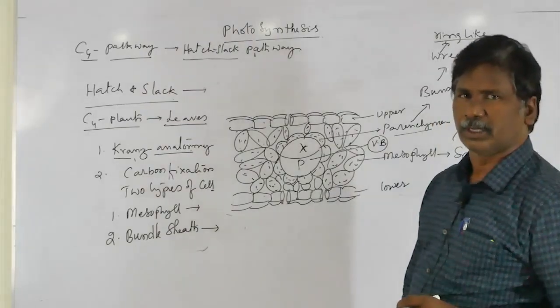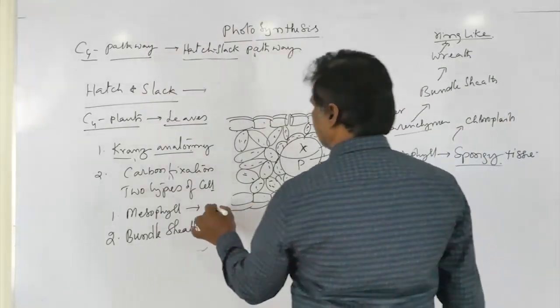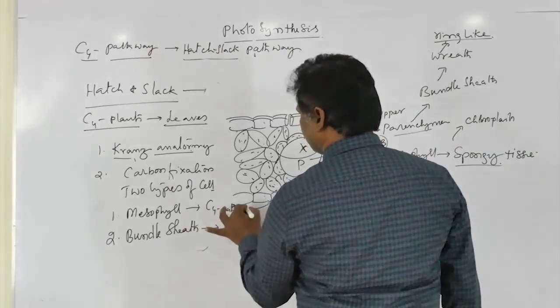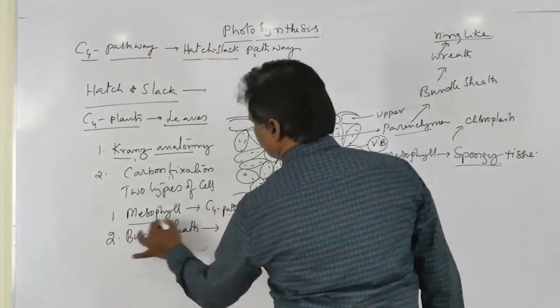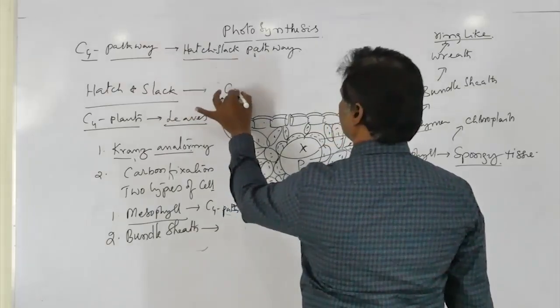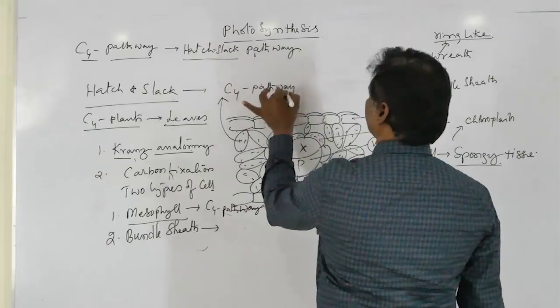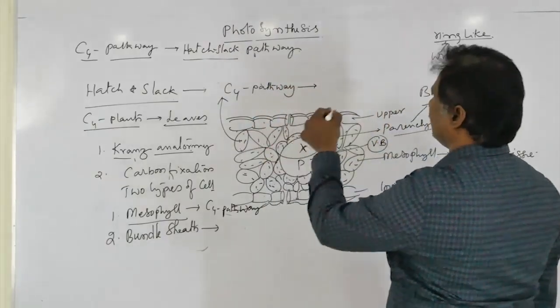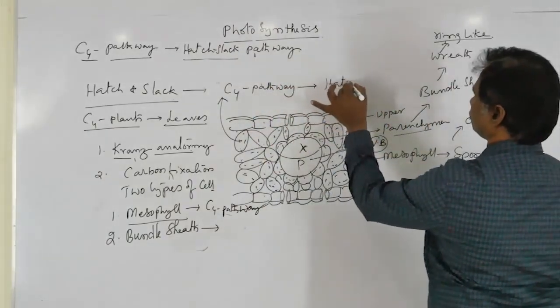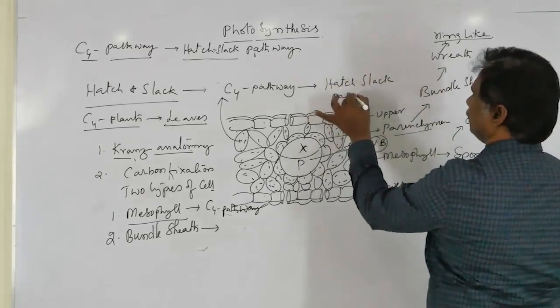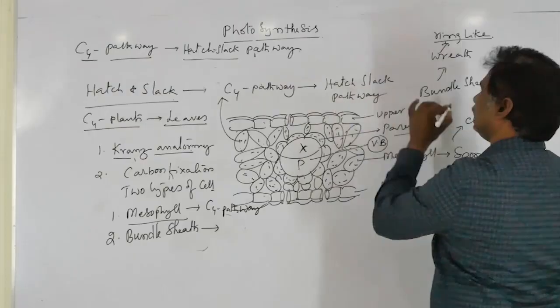The C4 pathway takes place within the mesophyll cells. That C4 pathway is also called the Hatch-Slack pathway, which takes place within the mesophyll cells.